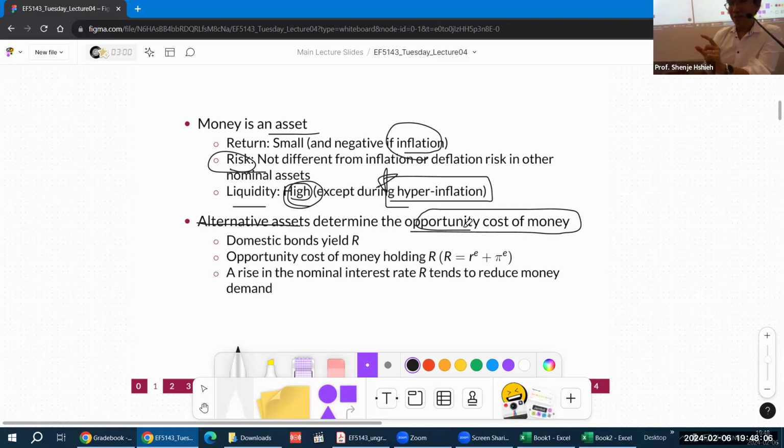What's the marginal return that persuades you not to hold on to the cash today? That's your opportunity cost, and that's going to be determined by interest rates. So if bond rates are high, like they are now, people prefer not to hold on to their cash. Maybe investing in the stock market is not worth it anymore, and you just move your money to a bond portfolio.